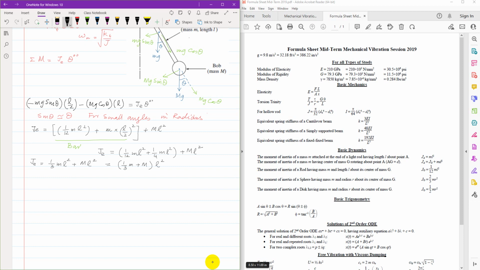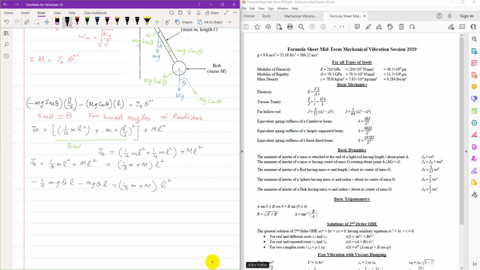Now sine theta can be written as theta. So from here I get minus half m g theta L, and from here it is minus uppercase M g theta L, and J equivalent is a third lowercase m plus uppercase M L squared.